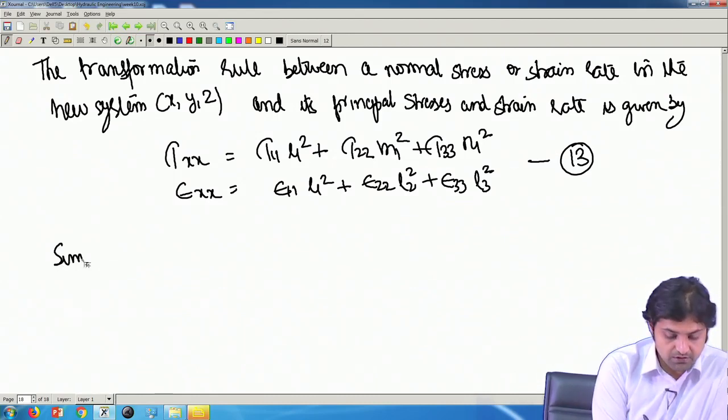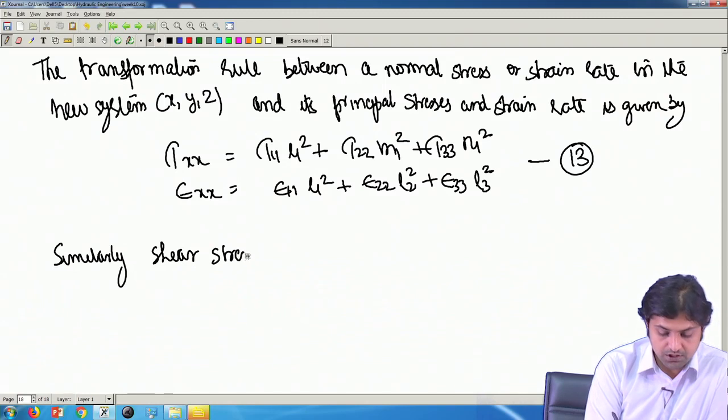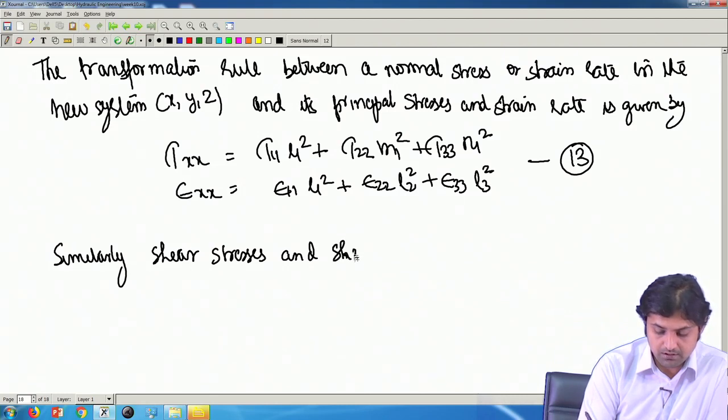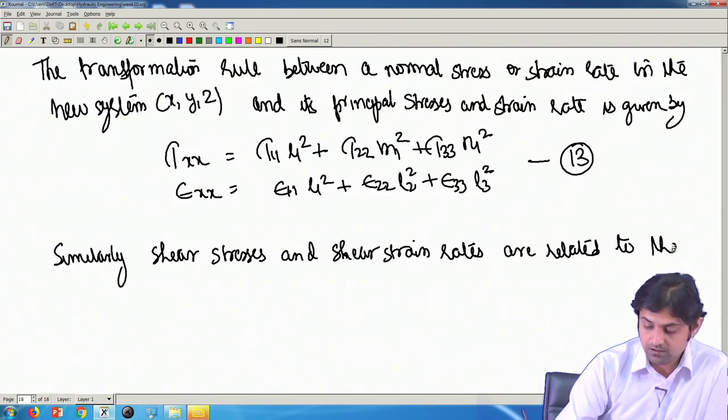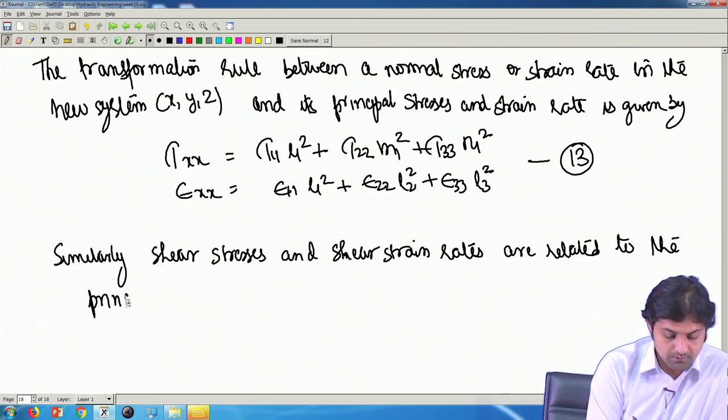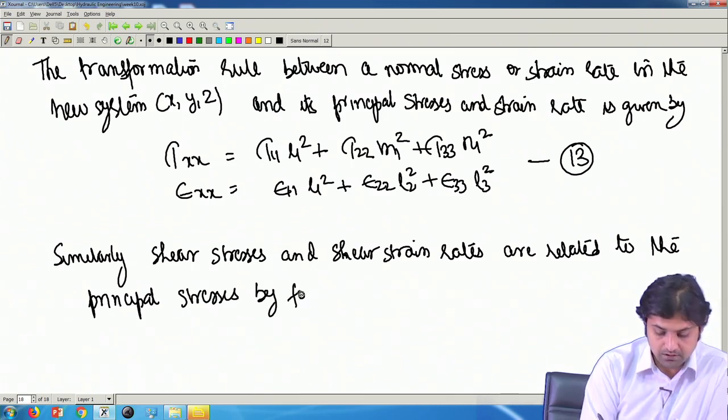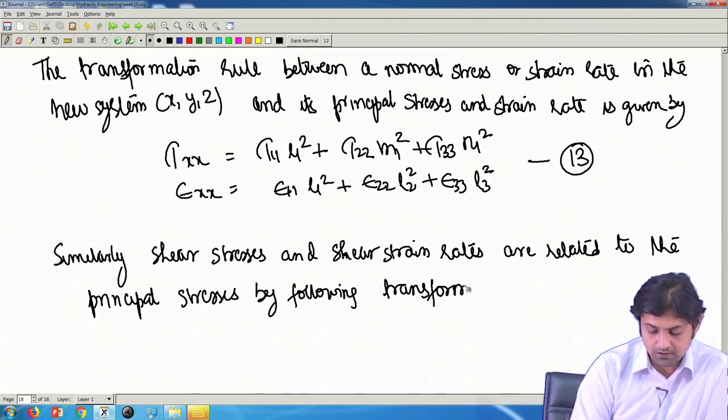Similarly, we can also relate shear stresses and shear strain rates to the principal stresses by the following transformation law.